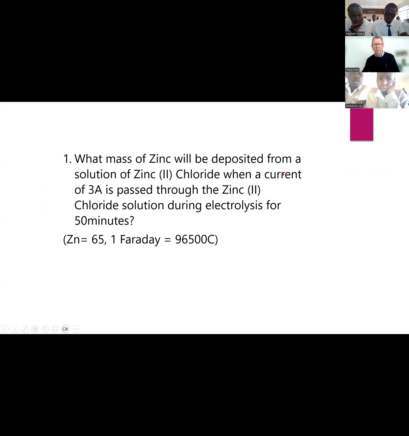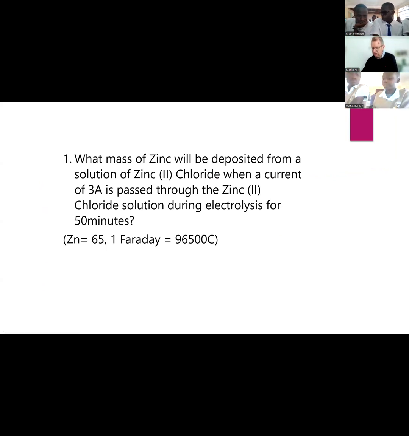Let's have a look at another one. What mass of zinc is produced if we have electrolysis for 50 minutes and it's 3 amps? See if you want, have a go at that.